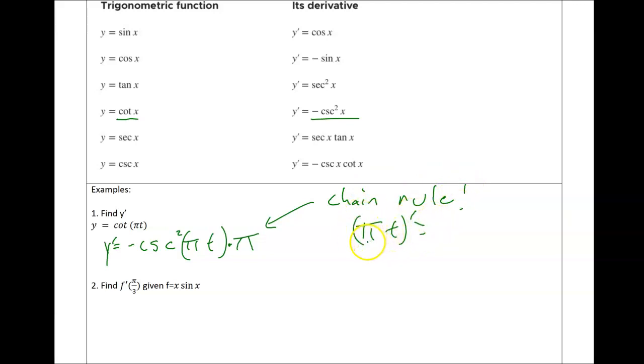And we're going to make a note too that pi t, the derivative of that is pi. So we remember that pi is just a number and it works like any other number in this case. So that's my derivative of cotangent of pi t is negative cosecant squared of pi t times pi. I could even rewrite it like this if I wanted to, with the pi in front.